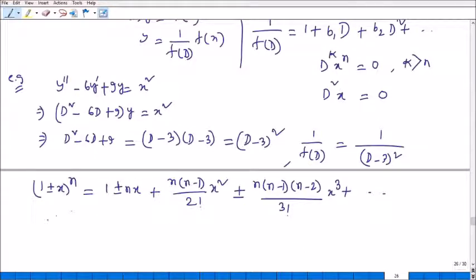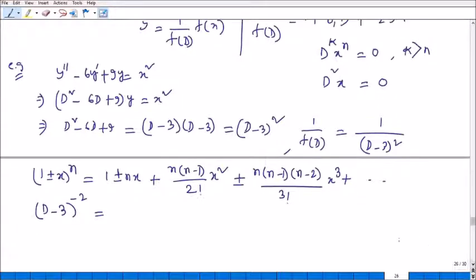So this term, D minus 3 to the power minus 2, can be expanded using this formula.